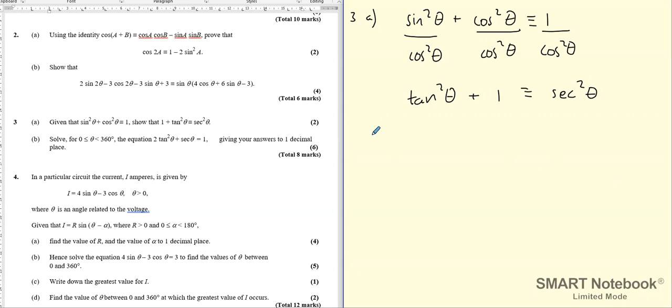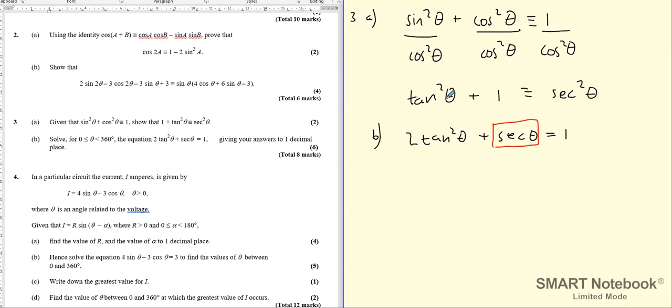Nice and easy. Now part B, solving in that range, 2 tan squared theta plus sec theta equals 1. Now again, you should remember this is very similar to question 1 part C. I can't change this term here because it's not a squared term.